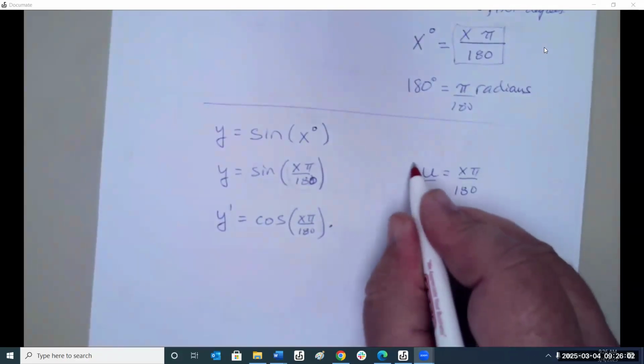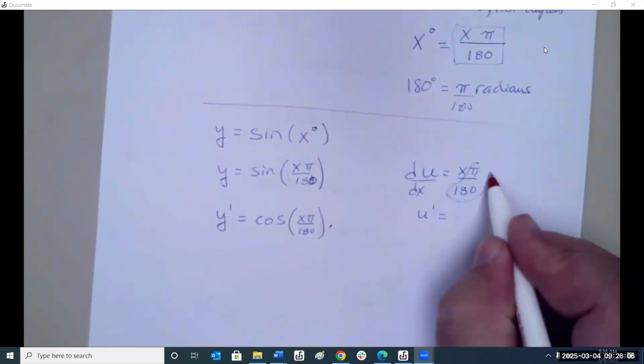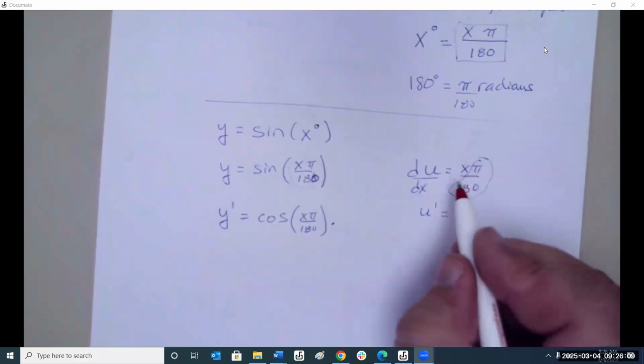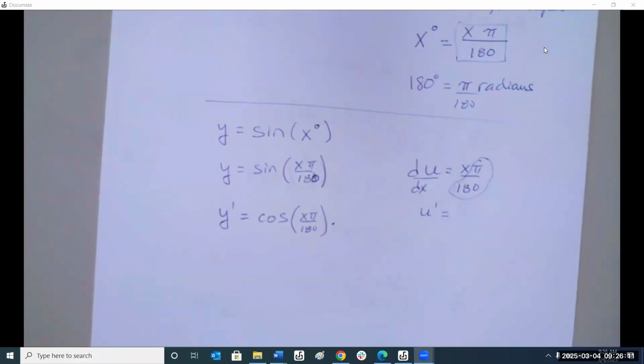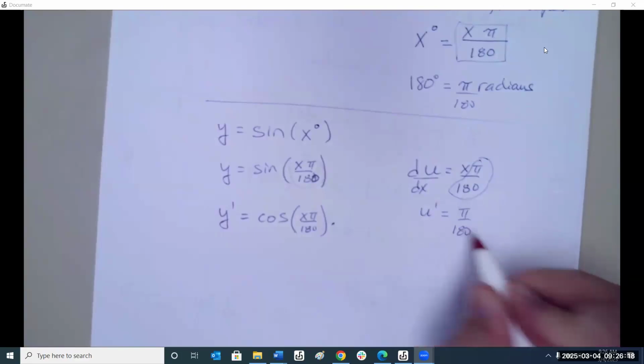We're taking this with respect to X. The rest of this stuff is just a constant. What's the derivative of X? 1. So this is pi over 180.